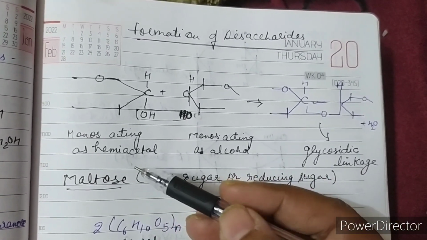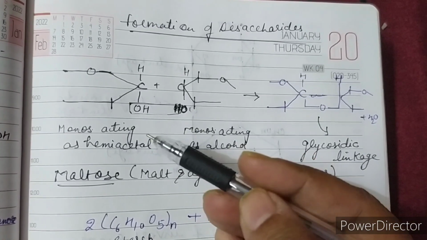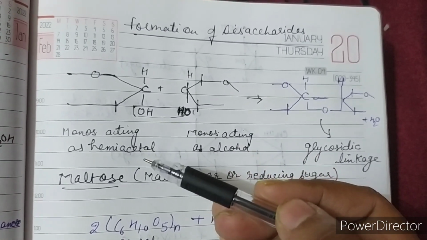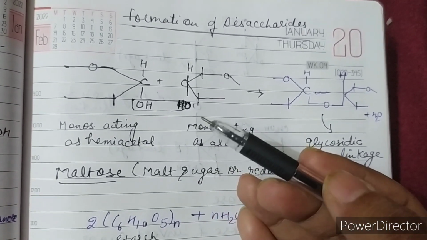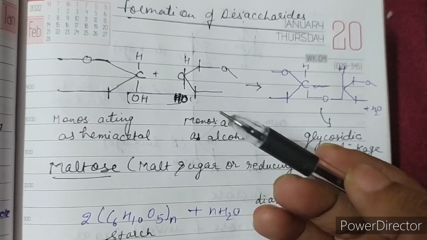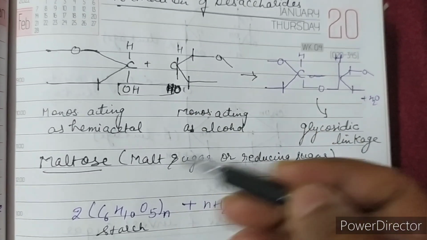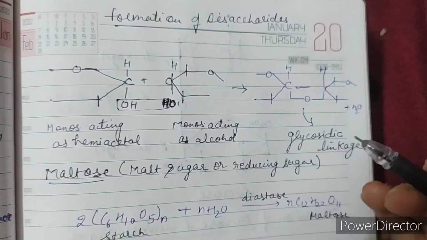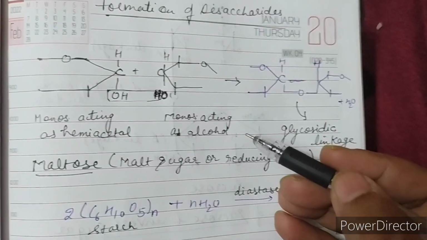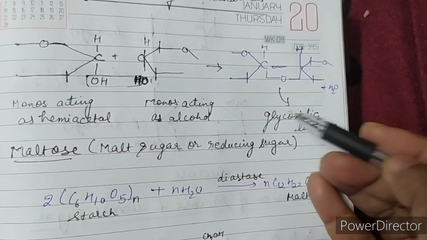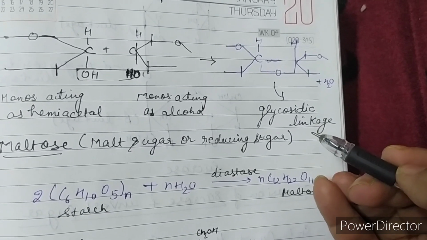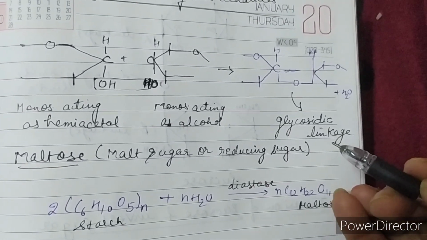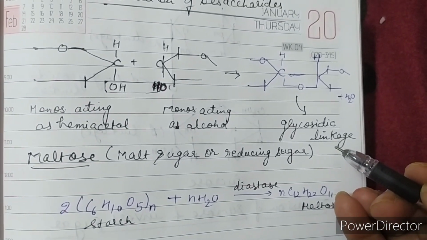Hemiacetal means half acetal, a compound formed by the reaction of an aldehyde and an alcohol. This results in the formation of a new bond between the two monosaccharide units, called a glycosidic linkage. Now we will discuss two disaccharides.